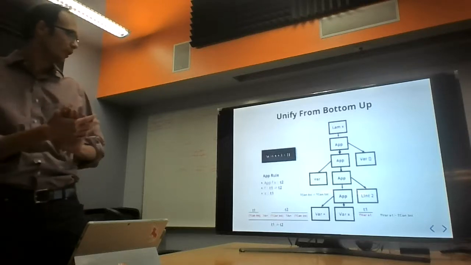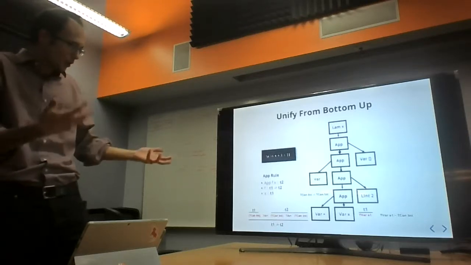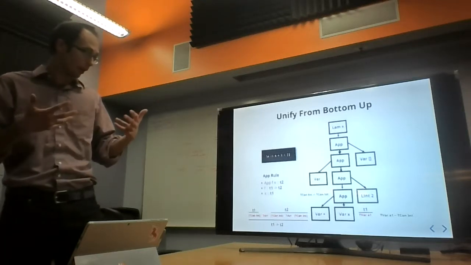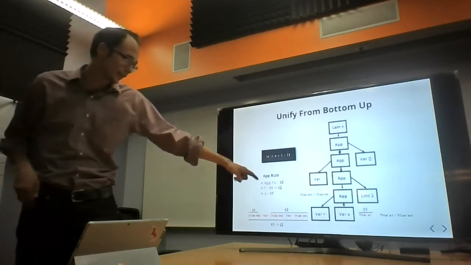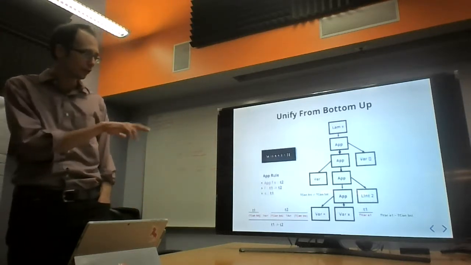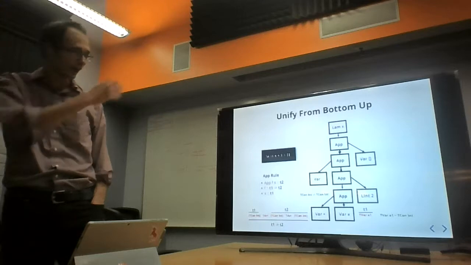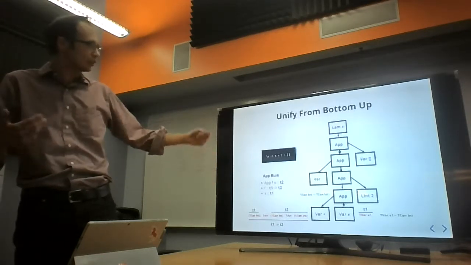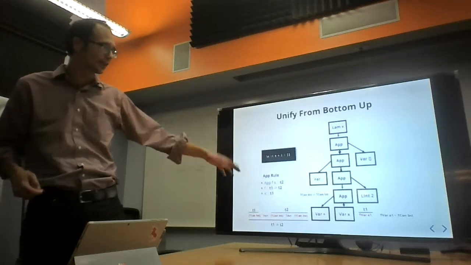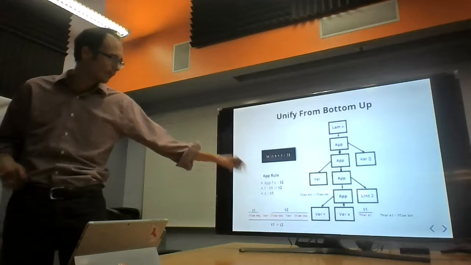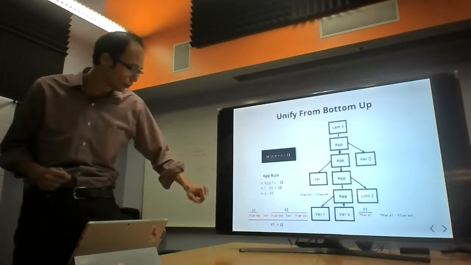Okay, so if we were to take this idea with our example and think about unifying from the bottom up, if we just look at the very first app node, from this plus and x at the bottom, then we can reason that our app of f x needs to be a t2.